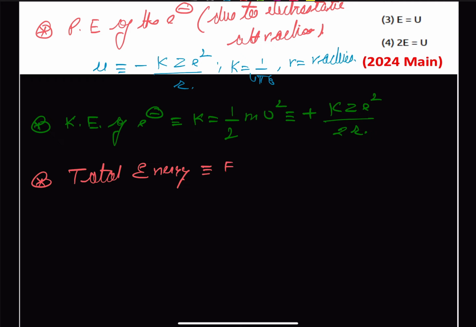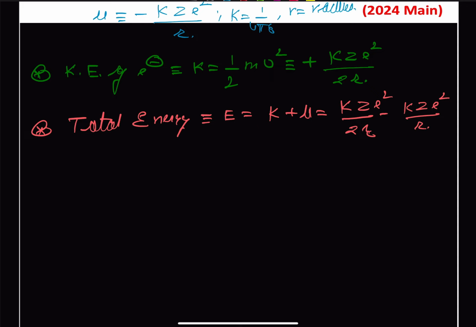So therefore the total energy, that is our E, will be equal to kinetic energy plus electrostatic potential energy. We write this as k z e square upon 2r minus k z e square upon r.